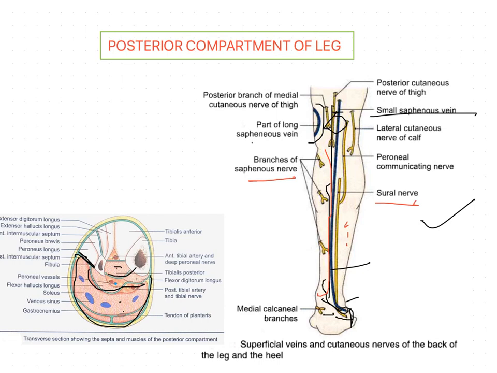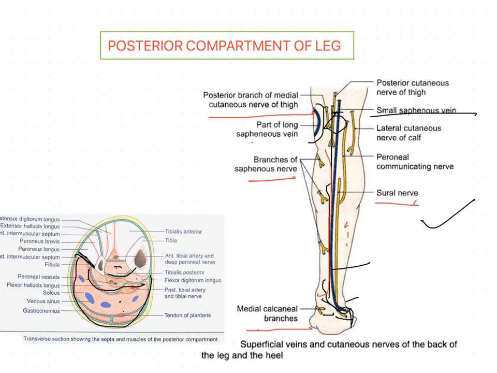Also we can find some branches on the medial side. One is the posterior branch of the medial cutaneous nerve of thigh, and near the ankle we can see the medial calcaneal branches on the medial aspect.